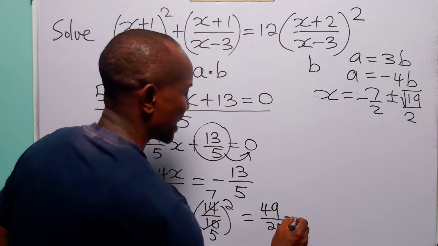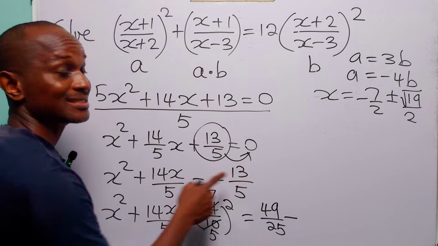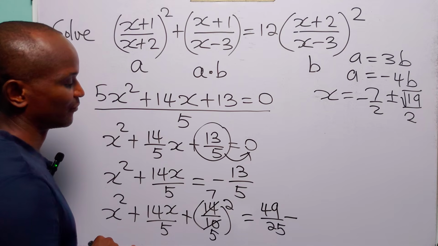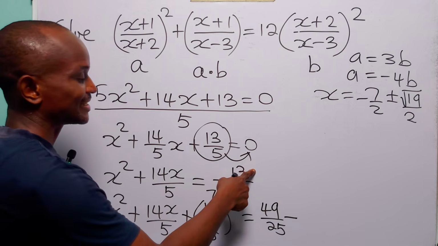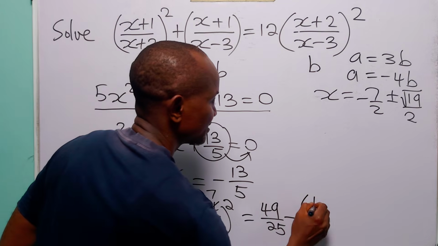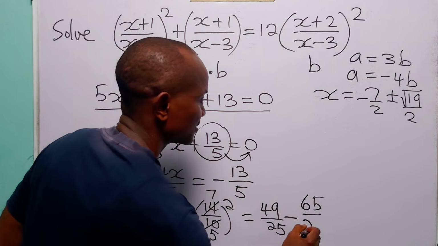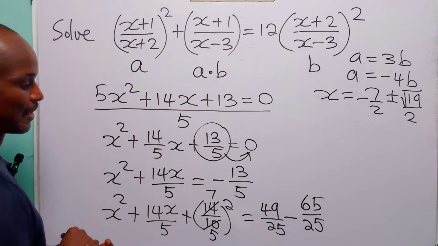Then we have minus once more. Let us multiply both the numerator and the denominator by 5. Now, 13 times 5 is equal to 65, and 5 times 5 is 25.